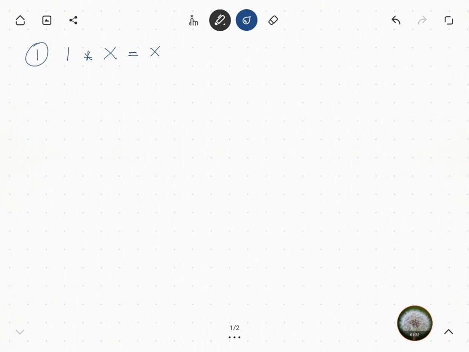It doesn't matter what you multiply by 1, you're going to end up with the same thing you had before. And expressed a different way, anything divided by itself equals 1. These are the two facts that underlie all of the unit conversions that we're going to do: you can divide anything by itself and it equals 1, and you can multiply anything by 1 and end up with the same thing you started with.